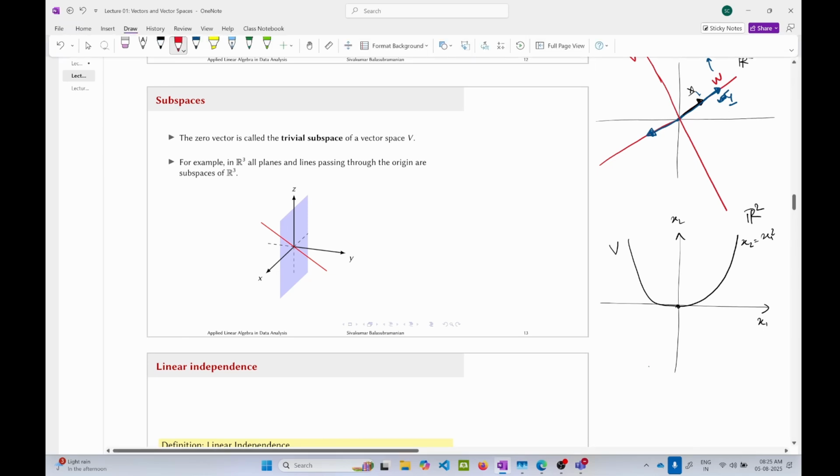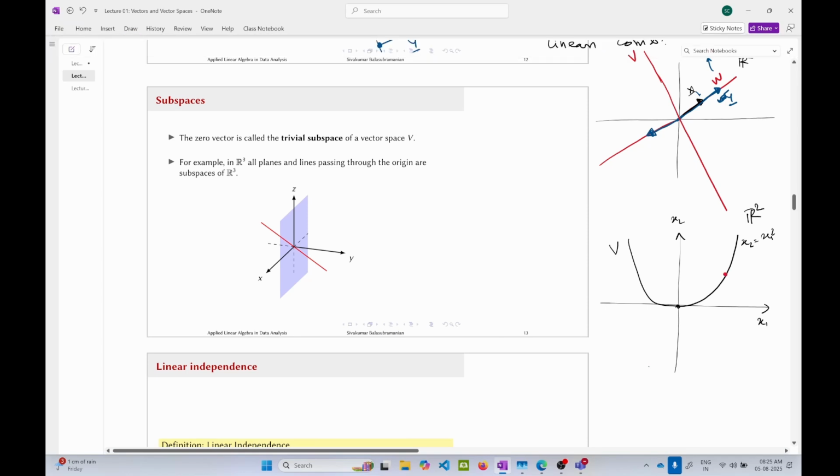Geometrically, let's verify. Let's say I'm choosing this point in V, which corresponds to this vector. It has a zero element, so there is no help to us. I'm going to call this vector x. If I scale this vector, do I still stay on the curved line corresponding to the parabola? No. Even if I do a slight bit of scaling, I will always move out of the parabola. That means this is not a subspace of R2.